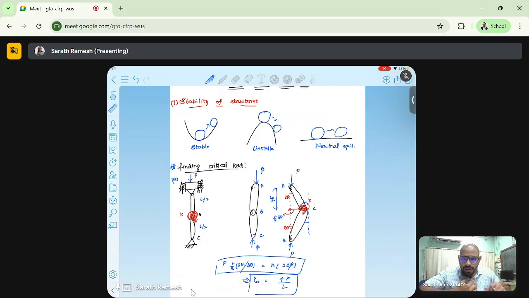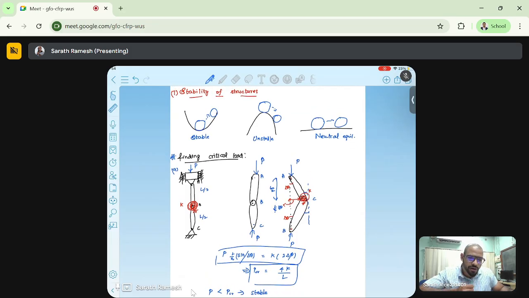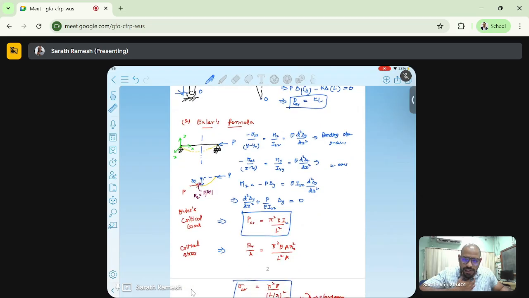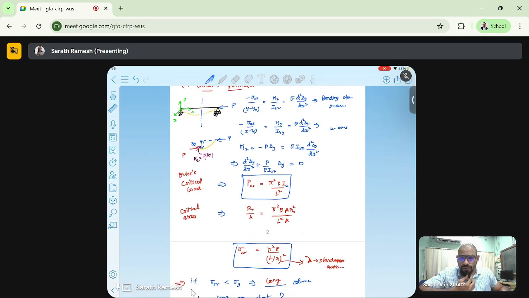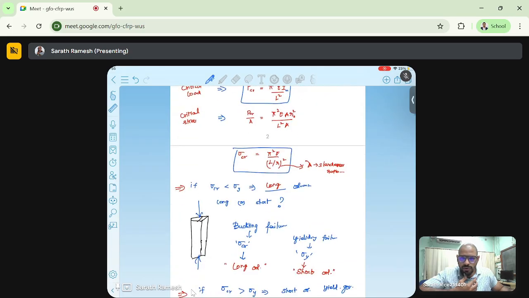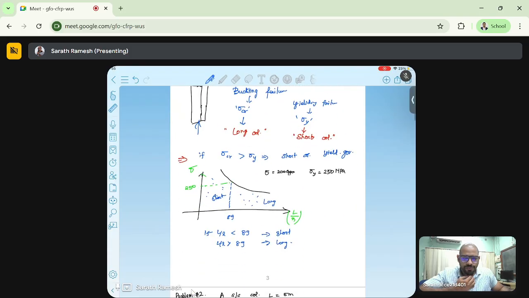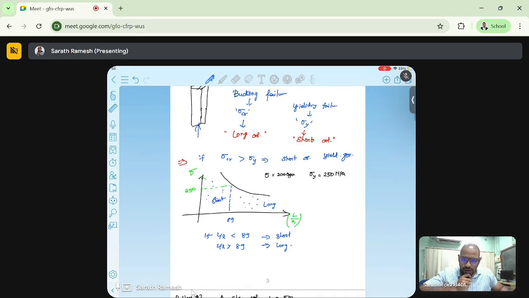So first is relating the stability of structure. So we saw how to find the critical load corresponding to stable equilibrium. Then we saw Euler's formula and how to find the critical load, Euler's critical load and the compressive stress.